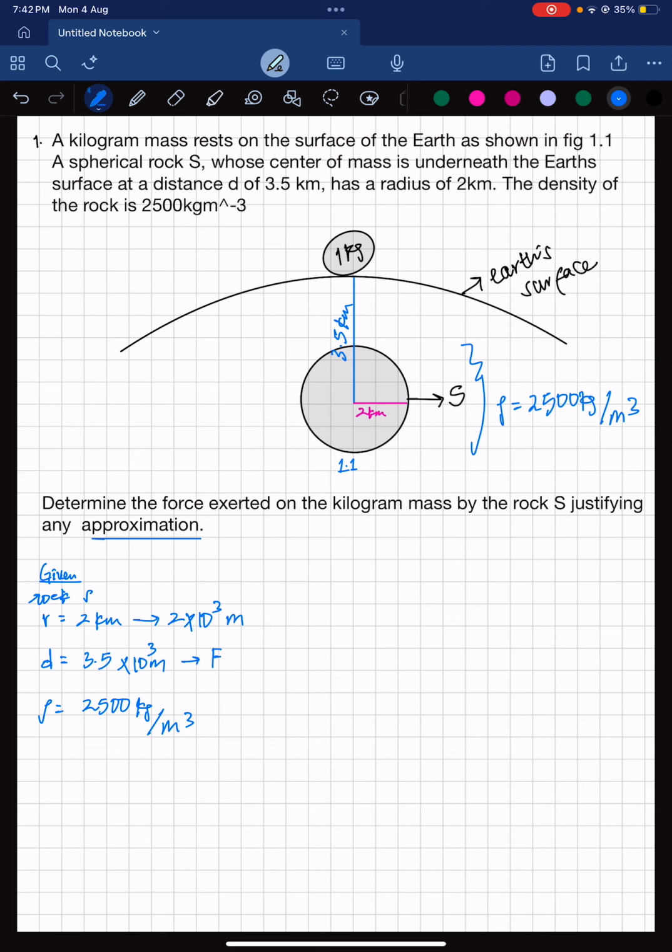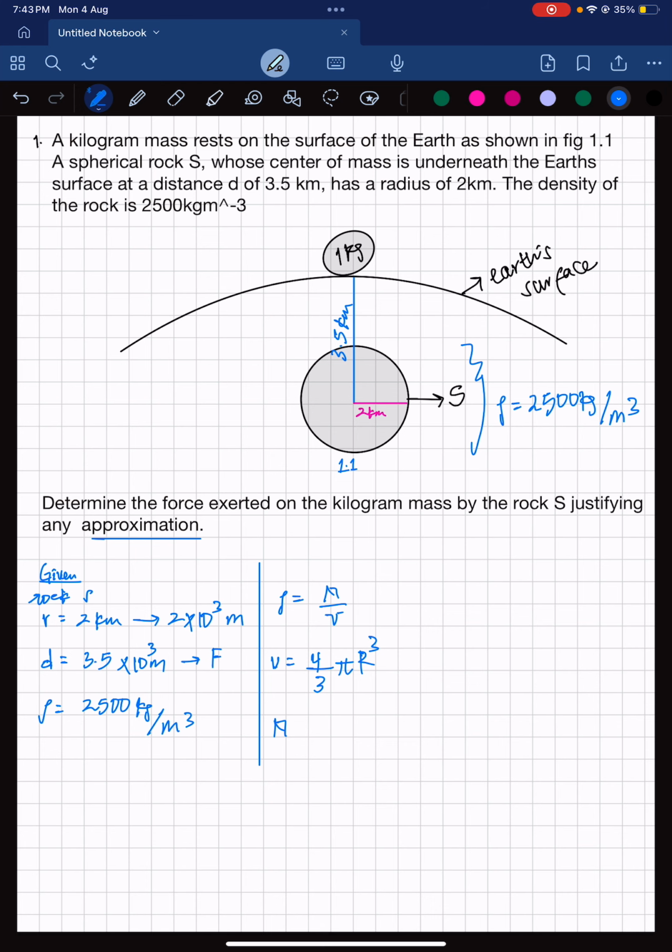From this information we can get the mass of the rock. We have the density formula, which is mass over volume, and the volume is 4/3 pi r cube.